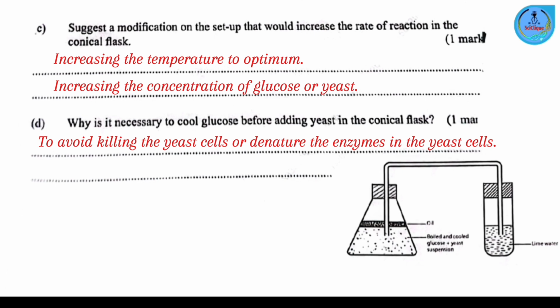If you have temperatures above 40 degrees Celsius, the enzymes are going to be denatured. So that means if you have dead yeast cells, and you have denatured the enzymes, respiration will not take place. So we will not have anything happening there. So in order to avoid that, we cool the glucose before adding the yeast.